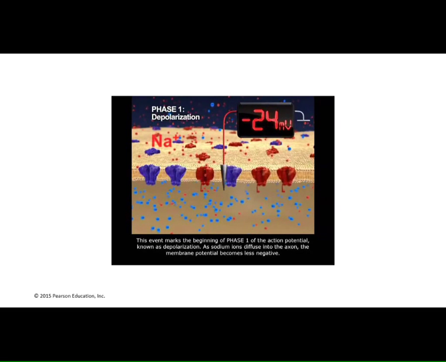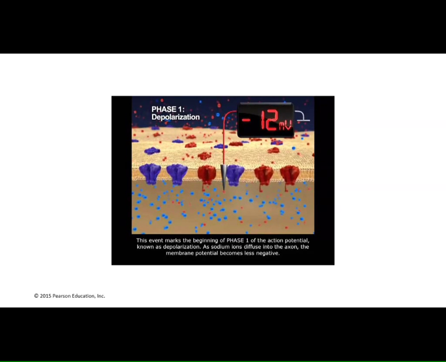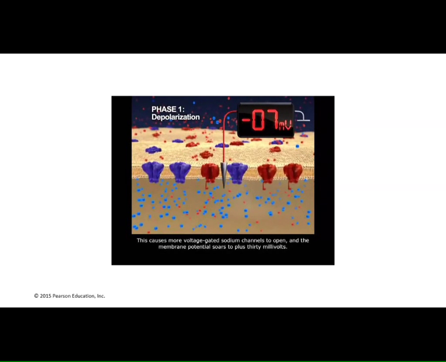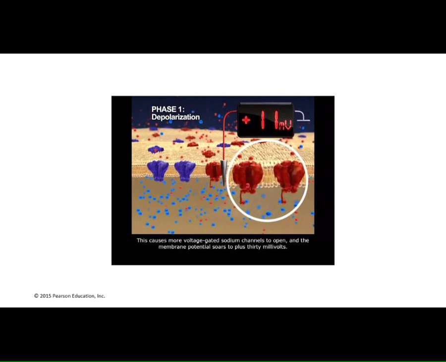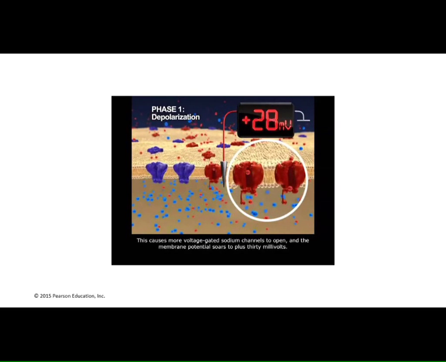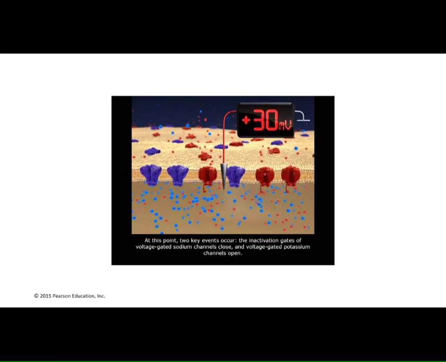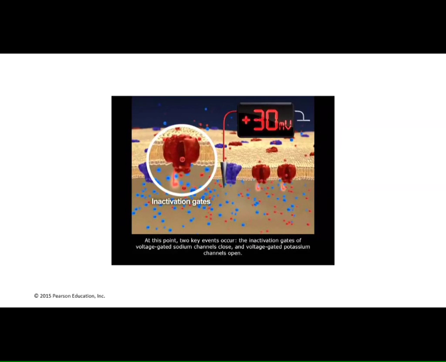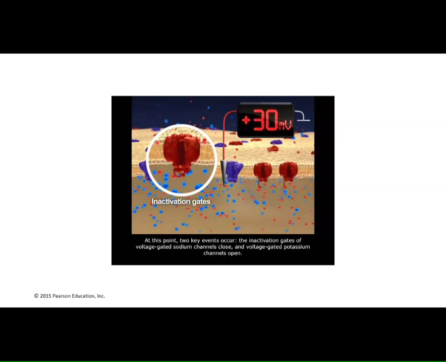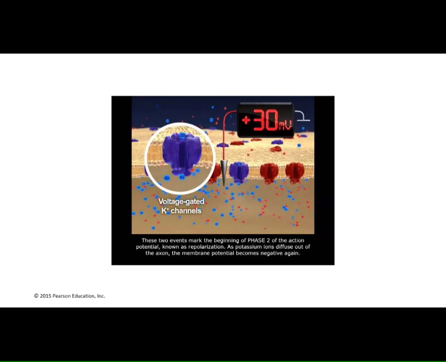As sodium ions diffuse into the axon, the membrane potential becomes less negative. This causes more voltage-gated sodium channels to open, and the membrane potential soars to plus 30 millivolts. At this point, two key events occur. The inactivation gates of voltage-gated sodium channels close, and voltage-gated potassium channels open.